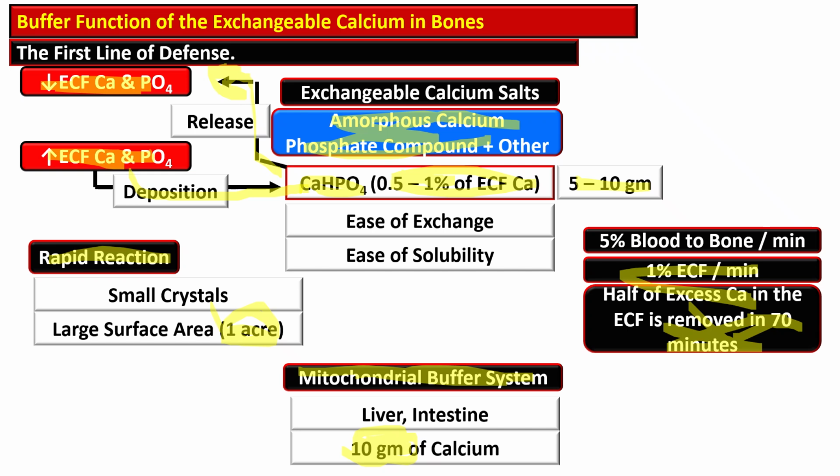So these rapid buffer systems prevent dangerous fluctuation in the calcium level, that is hypercalcemia or hypocalcemia, before the hormonal feedback loops, the parathyroid, vitamin D, and calcitonin, are activated. The buffering was the first line of defense.